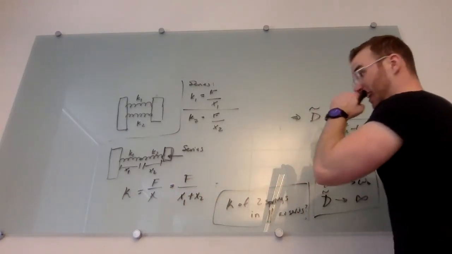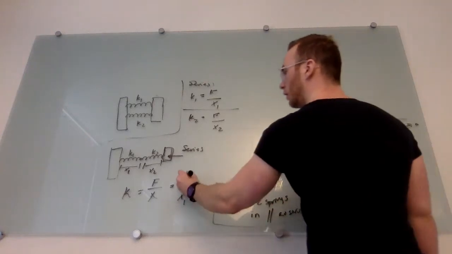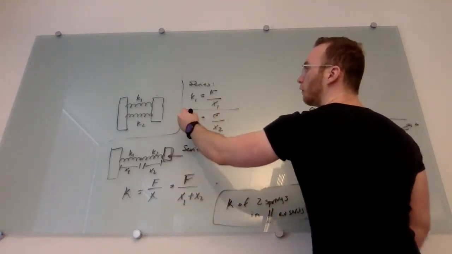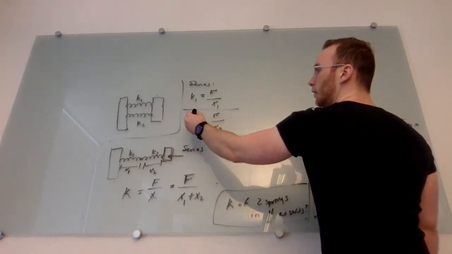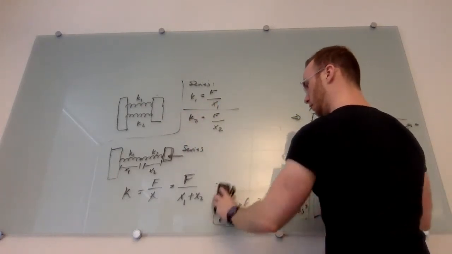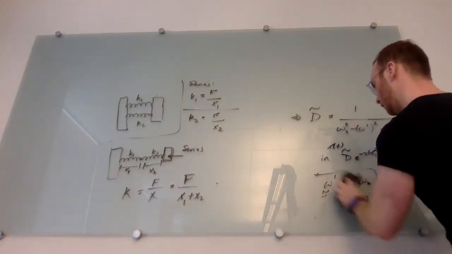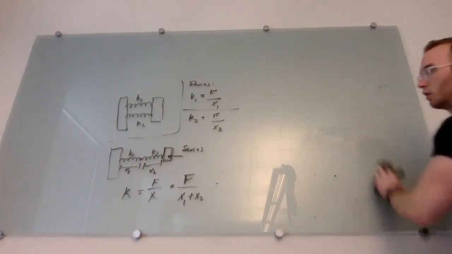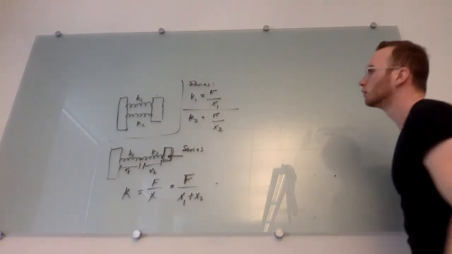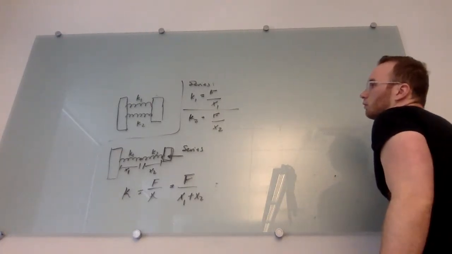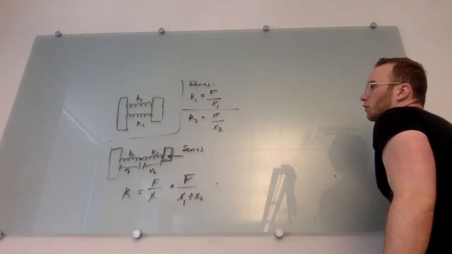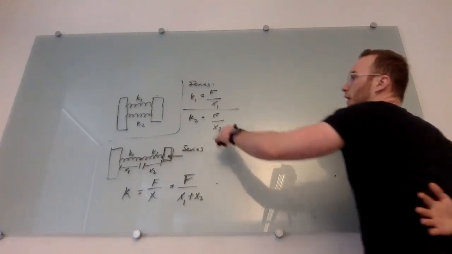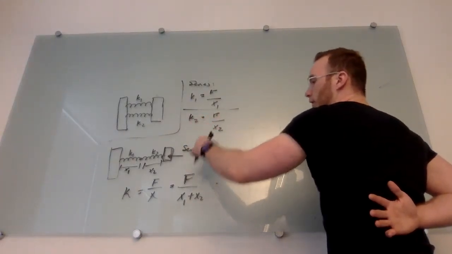Now I could move these both over, so I get F equals... You want to get x over, yes, you're right. So x2, yeah, you're right.